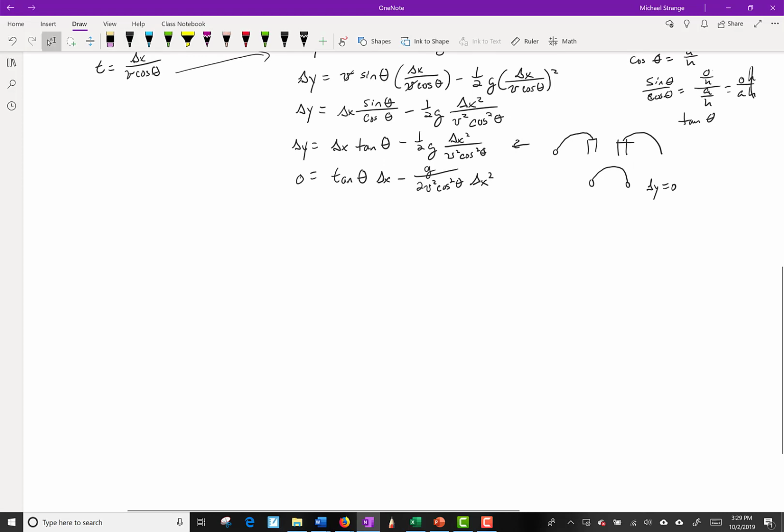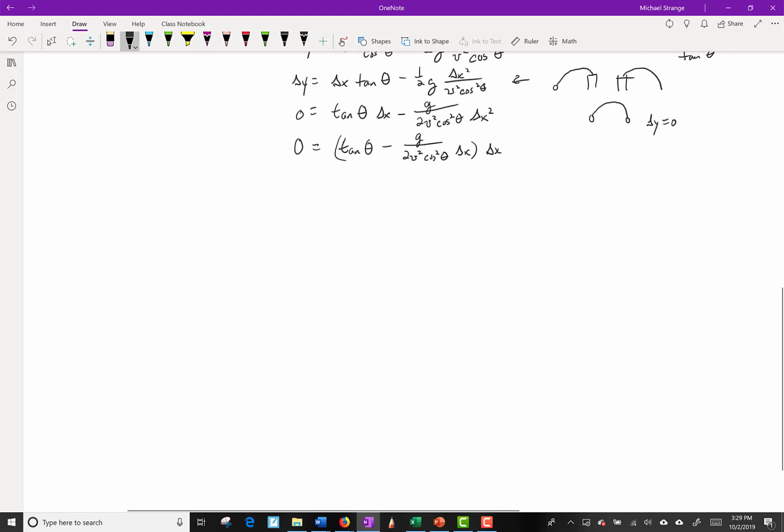Okay. So now I can factor delta x. So I've got tan theta minus g over 2v squared cosine squared theta times delta x, times delta x. So what this is going to answer is, when is the change in position 0? Well, here is one of them. So delta x equals 0. This one equals 0.